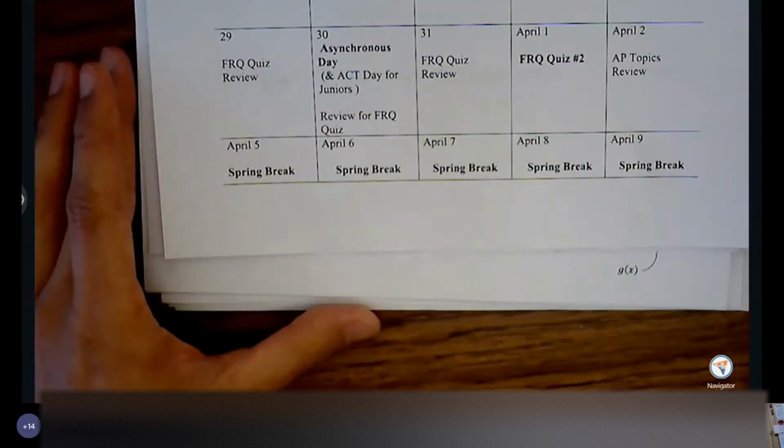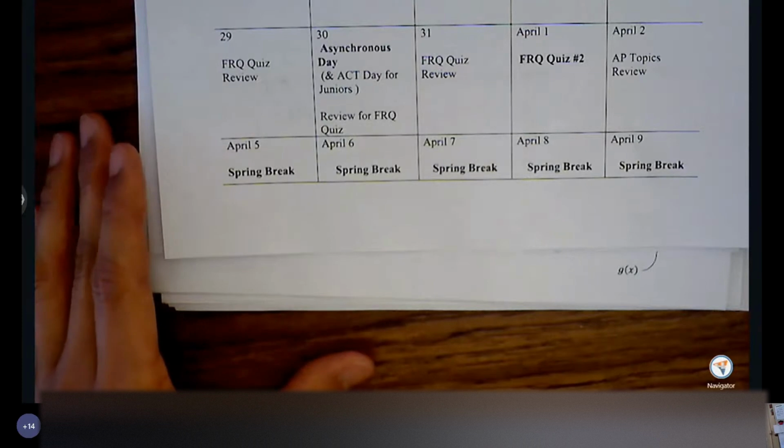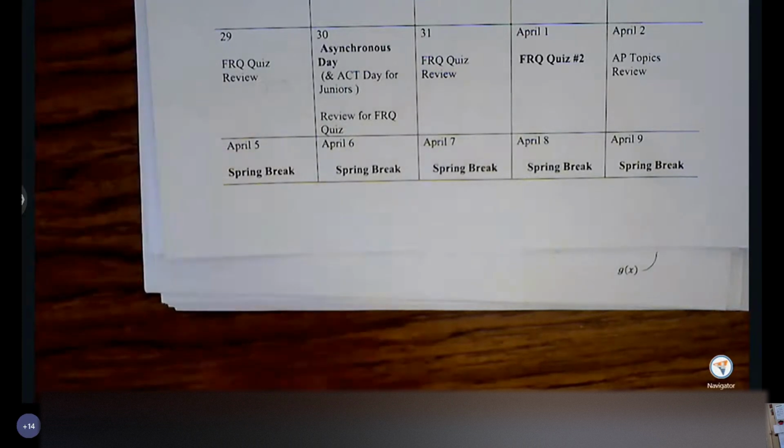Right now, I don't know for sure whether it's going to be in person or virtual, or a combination, depending on the student. But ultimately, College Board is letting each school make that judgment call, allowing each school to do what's best for that school.